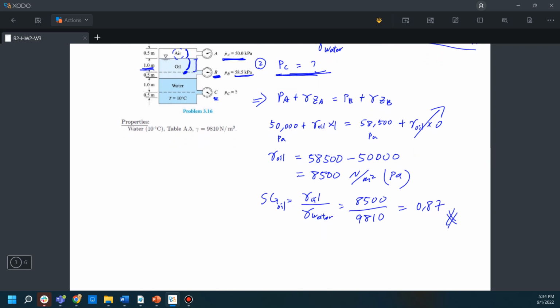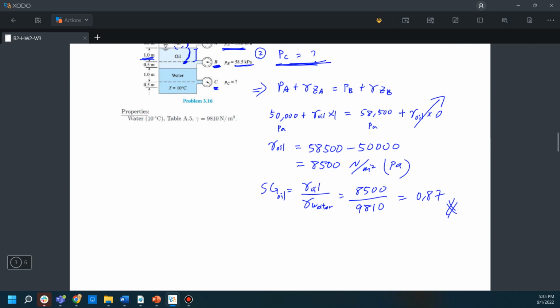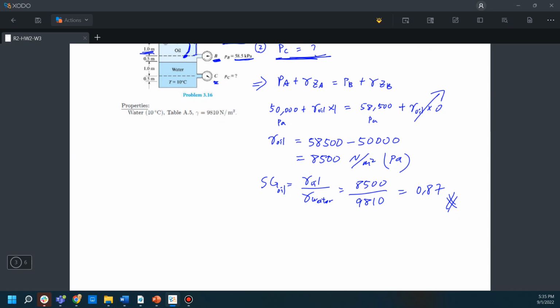So we will list out, this is for sub-question 2, PC will equal to P at the bottom of the oil plus gamma times 1.